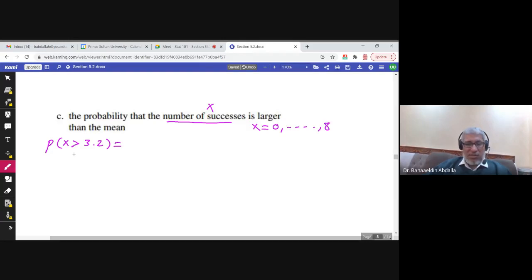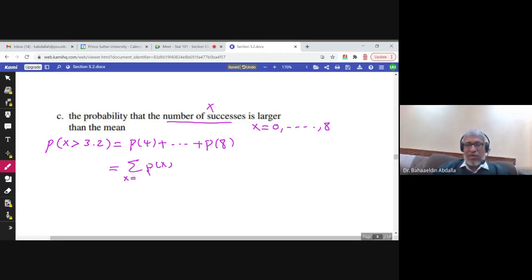So what is this probability indeed? He's asking about X greater than 3.2. So I start from 4 plus up to 8, because the last value of x is 8. And I can find this again using the calculator. I write it summation probability of x, where x is from 4 to 8, and write the definition of P of x.